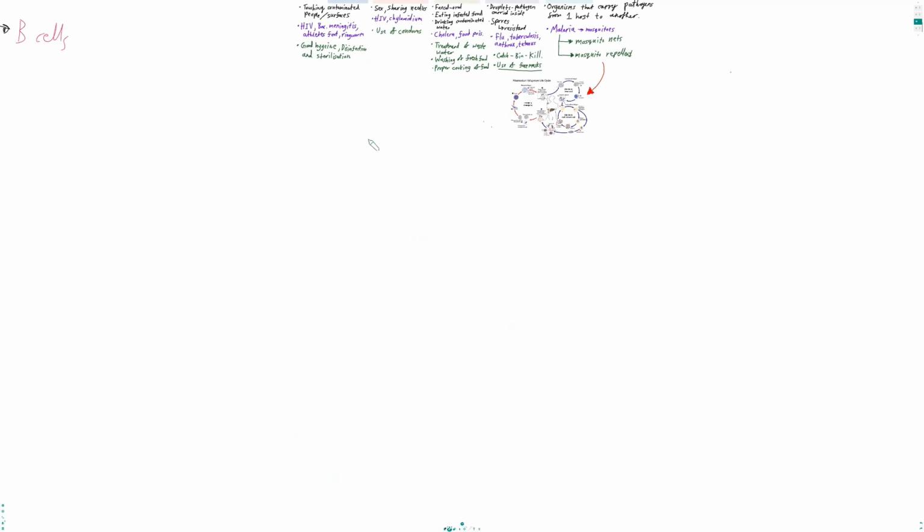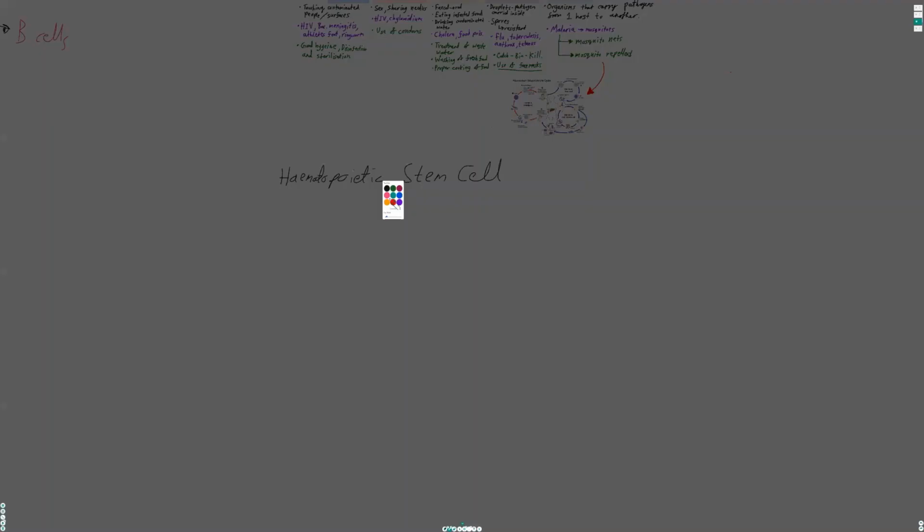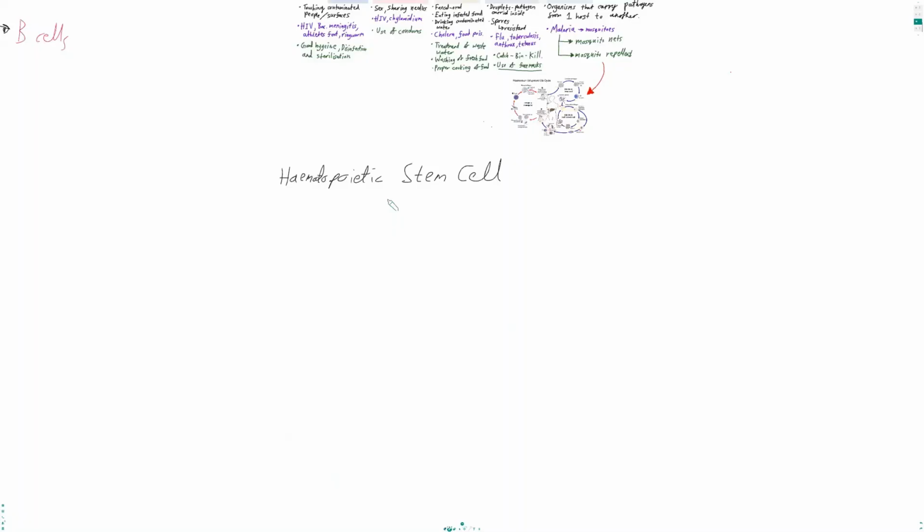It starts with something called a hematopoietic stem cell, or HSC for short. This hematopoietic stem cell can then either differentiate and become one of two different types of cells.